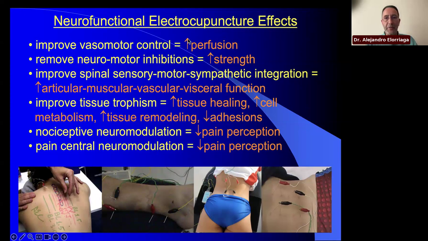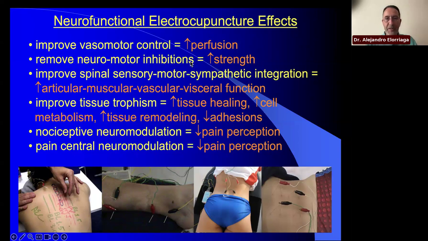First effect, improve perfusion. Second effect, which is very useful in my field, which is sports medicine, but also for the common person experiencing a pain problem, is improve strength. How can we do that? Well, we cannot really make people stronger above their baseline. What we can do is allow them to reconnect with their motor system.